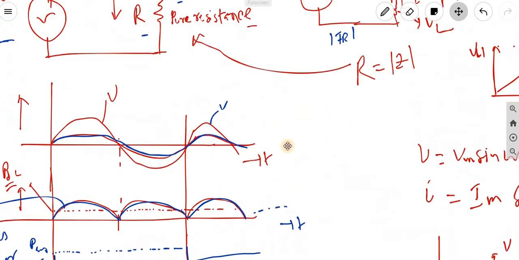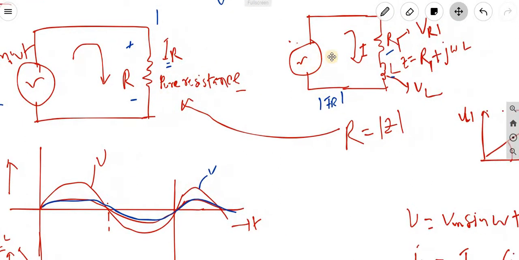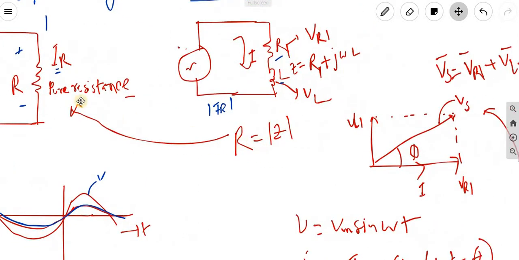Now, in the same network, the same source and the resistance RT, equivalently we considered a Z impedance. So for the impedance load, we have taken the resistance RT and L, that is an inductor. So this load is a combination of R and L, resistance and inductance. So what could we get? For this, Z would be RT plus j omega L, and the magnitude would be the same.